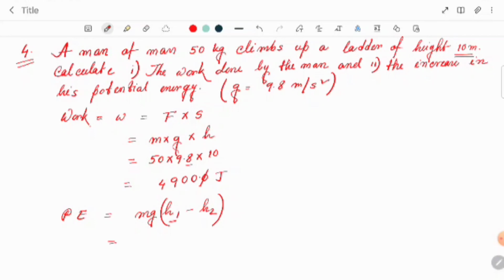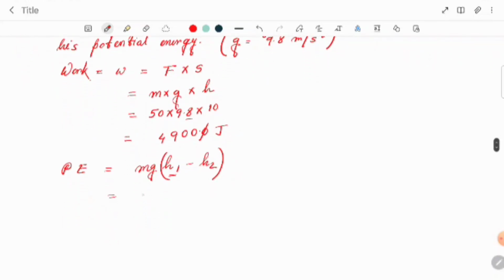So the answer will be the same: 50 into 9.8 into 10 minus 0, we get the same answer, 4900 joule. Keep that in your mind. Four question we have done.